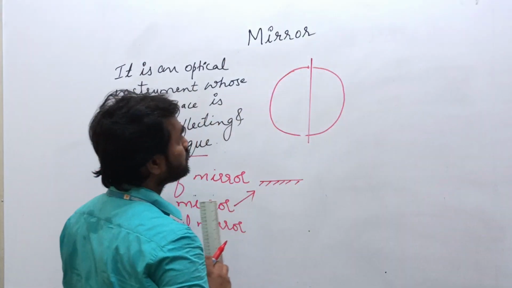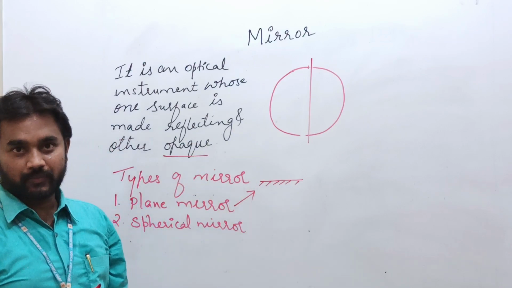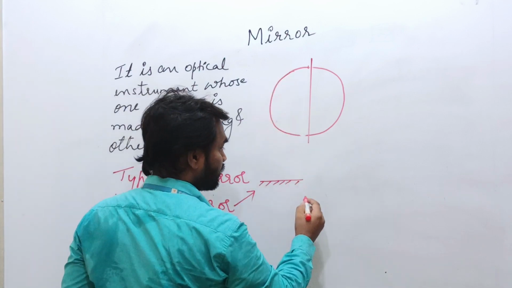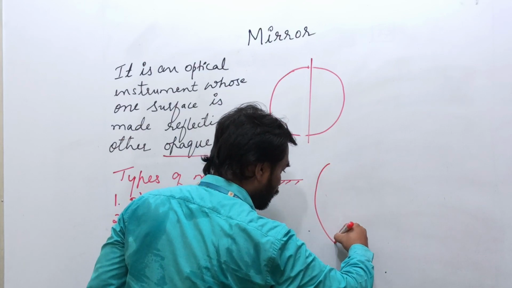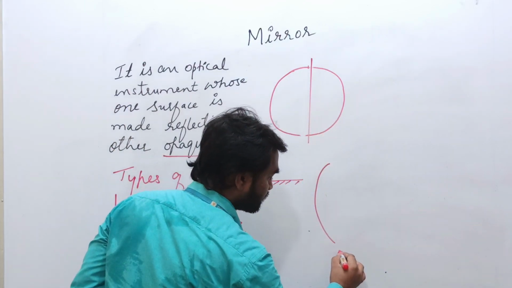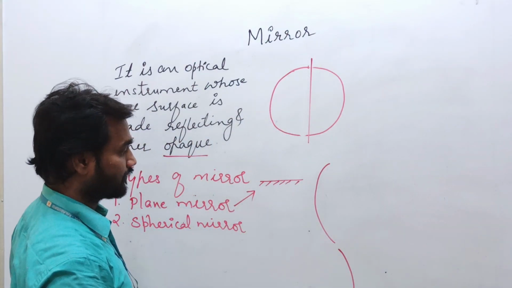If I take this one and shift it downwards, and shift this one slightly downwards too, it will be like this.